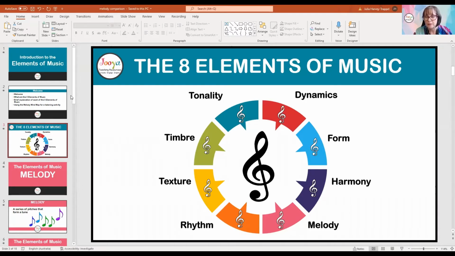Dynamics refers to the loudness or softness of sound. Structure is the order and arrangement of the different parts of a piece of music. Harmony is the structure underneath the melody, the melodic accompaniment, how it's all structured and supports melody. Melody is the series of pitches that makes a tune. Rhythm, I should say, I use the term duration, but it's all about how long or short a sound is.